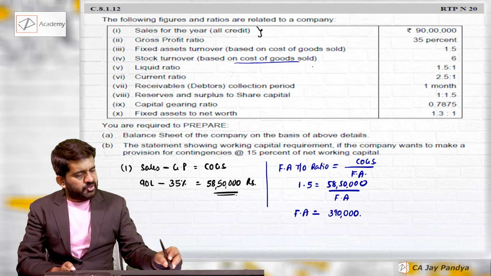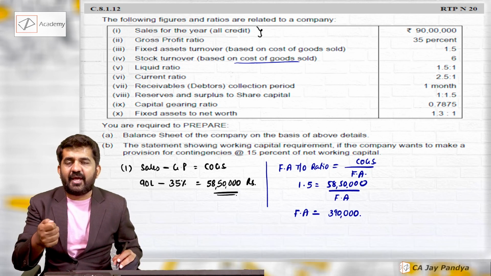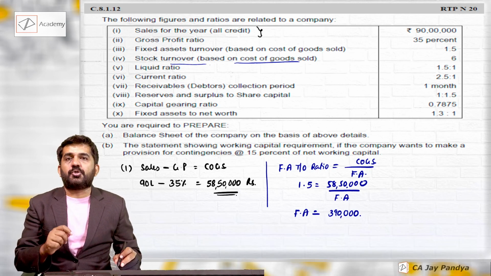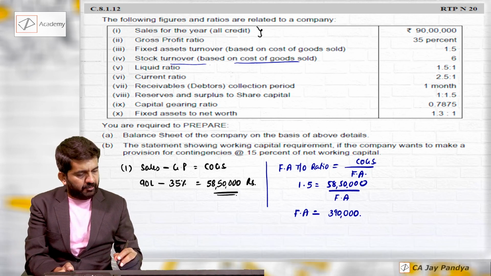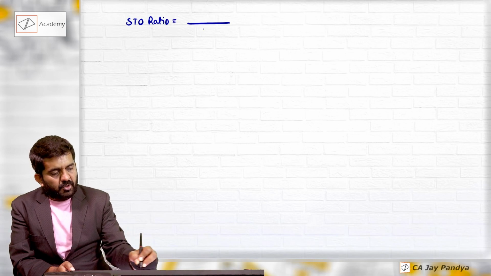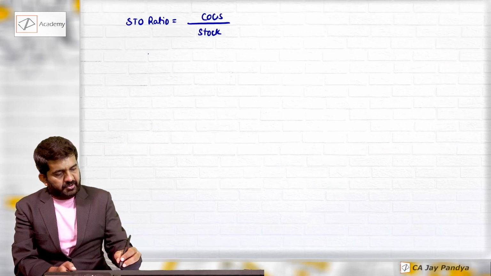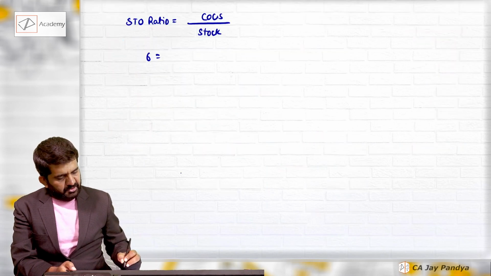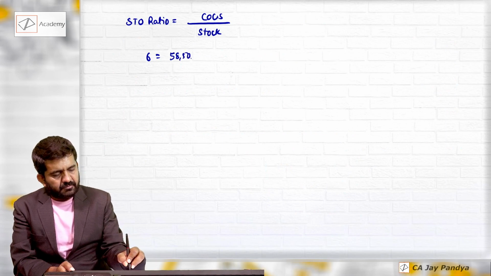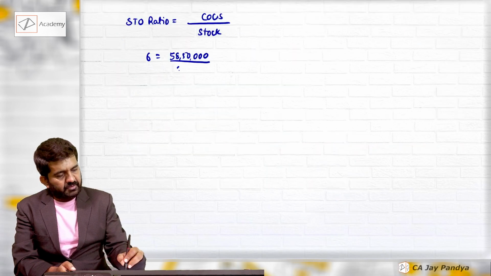Stock turnover ratio based upon COGS. Now there is no hint for opening and closing stock, so I will assume that the stock turnover ratio is based upon closing stock and not on average stock. So stock turnover ratio, what will be in denominator? Stock. I will assume it is closing stock based upon COGS. Stock turnover ratio is 6. COGS is 58,50,000 divided by stock.